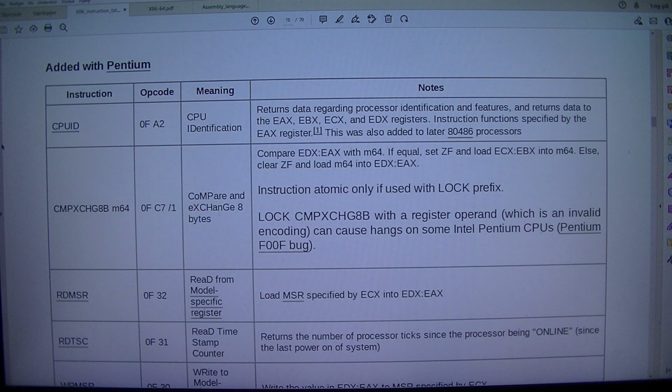CPUID 0FA2: identification returns data regarding processor identification and features, and returns data to EAX, EBX, ECX, and EDX registers. Instruction functions specified by the EAX register. This was also added to later 80486 processors.